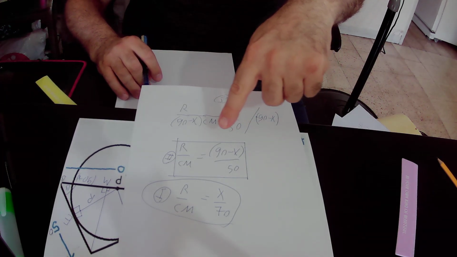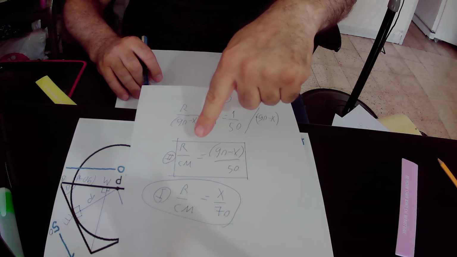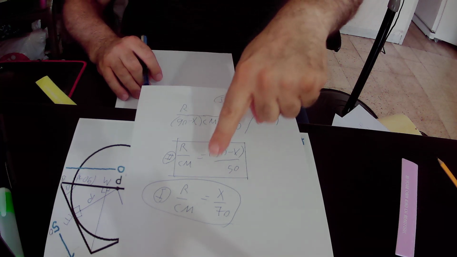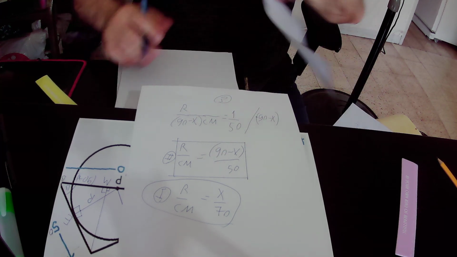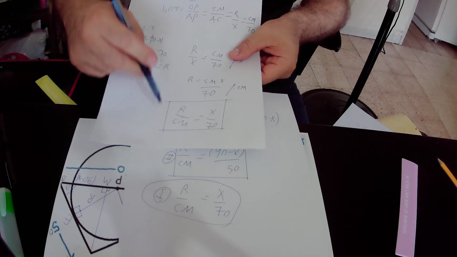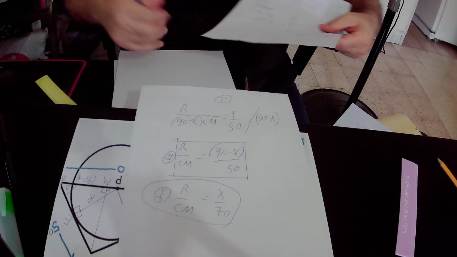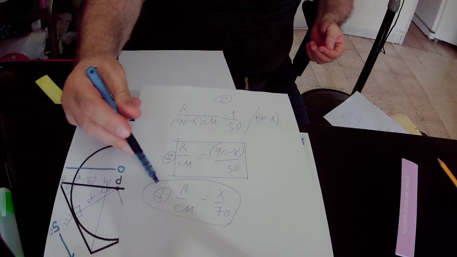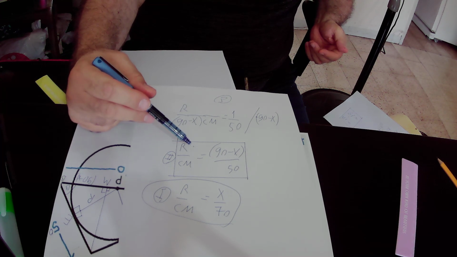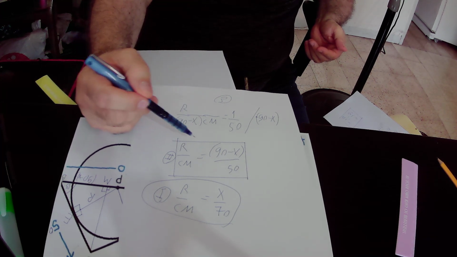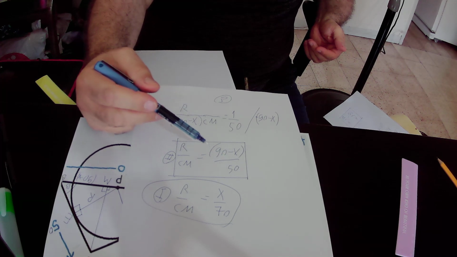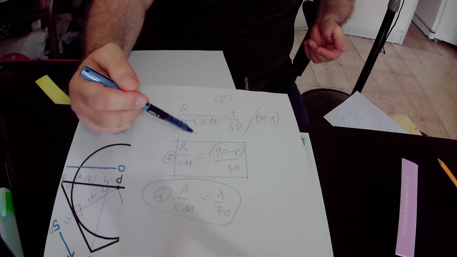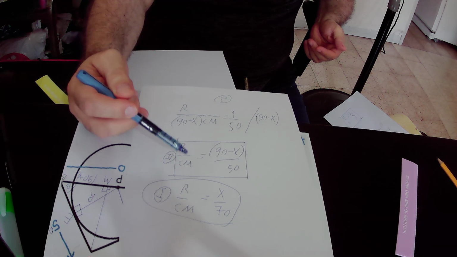The last equation that we got is that R over CM equals 90 minus x over 50, the second equation. And previously we got that R over CM equals x over 70. So we can actually create a further equation that 90 minus x over 50 equals x over 70, because both of these expressions are equal to R over CM.